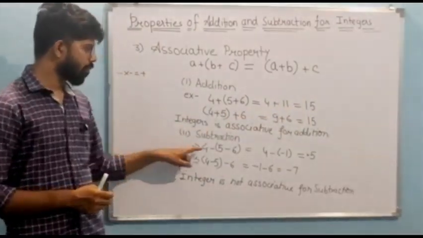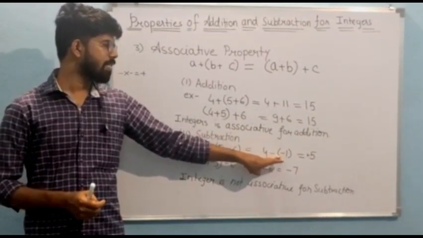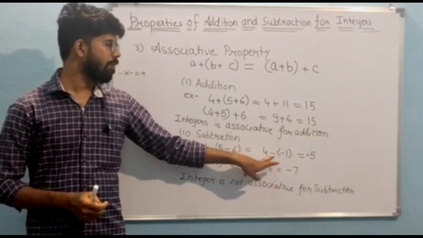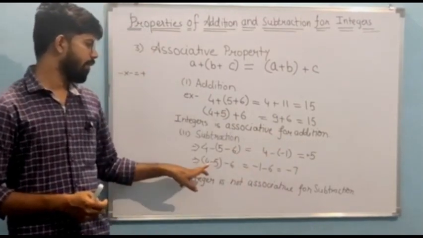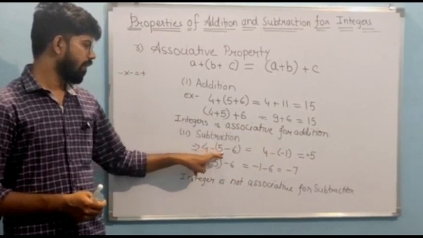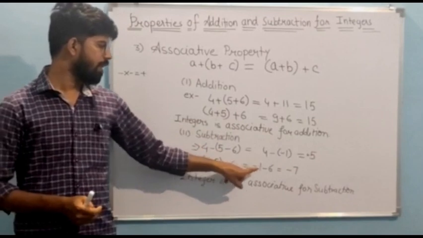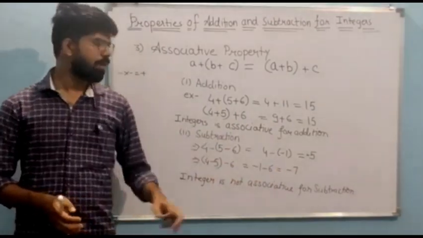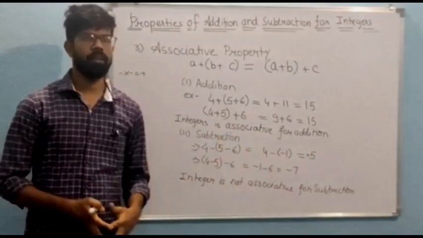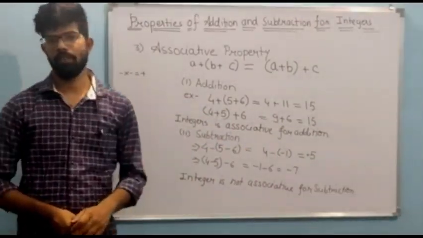Now in subtraction, 5 minus 6 is minus 1, then 4 plus 1 is equal to 5. In the second condition, 4 minus 5 is minus 1, minus 1 and minus 6 gives minus 7. Here is 5 and here is minus 7. Both are not equal. So integers are not associative for subtraction.